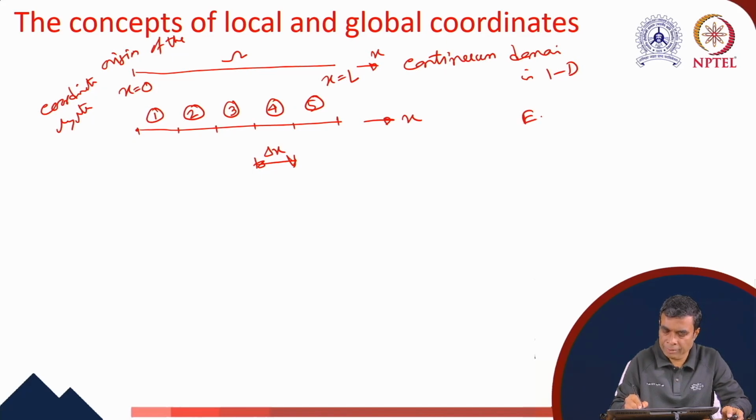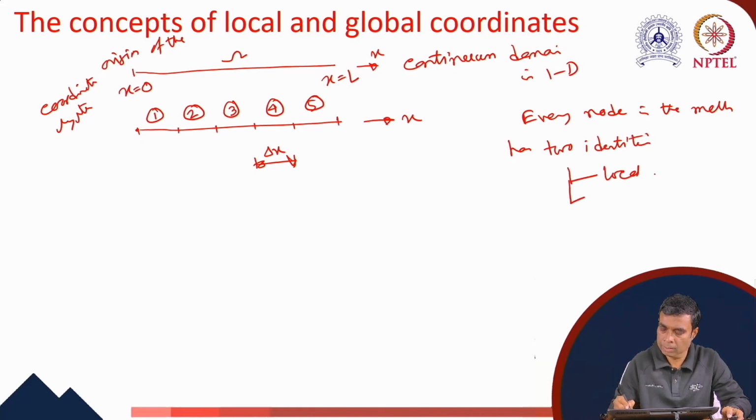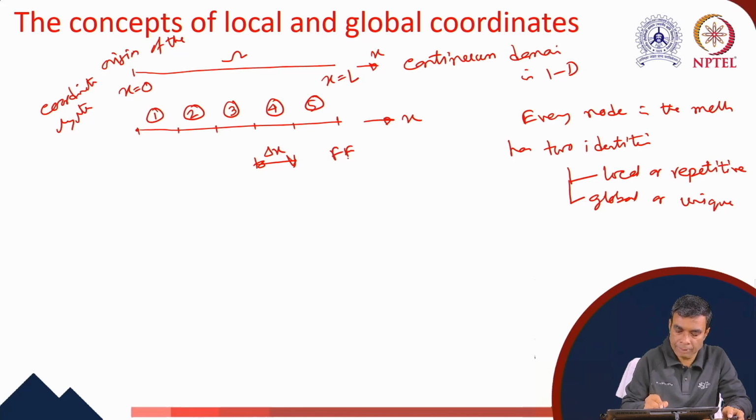So every node in the mesh has two identities, local or repetitive, global or unique. So this is FEM mesh.